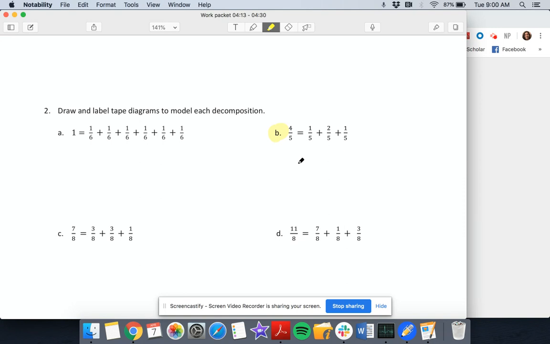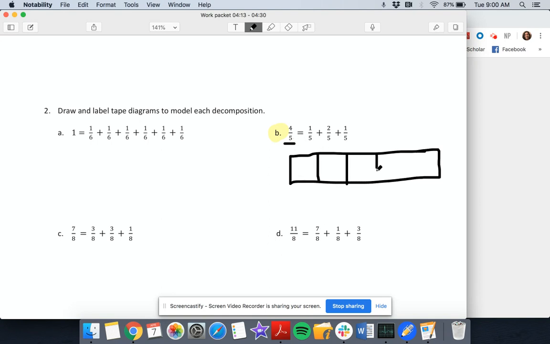Okay, so right off the bat, we know that we need 5 blocks, right? Because that's our total, that's our denominator. So we have 1, 2, 3, 4, 5.